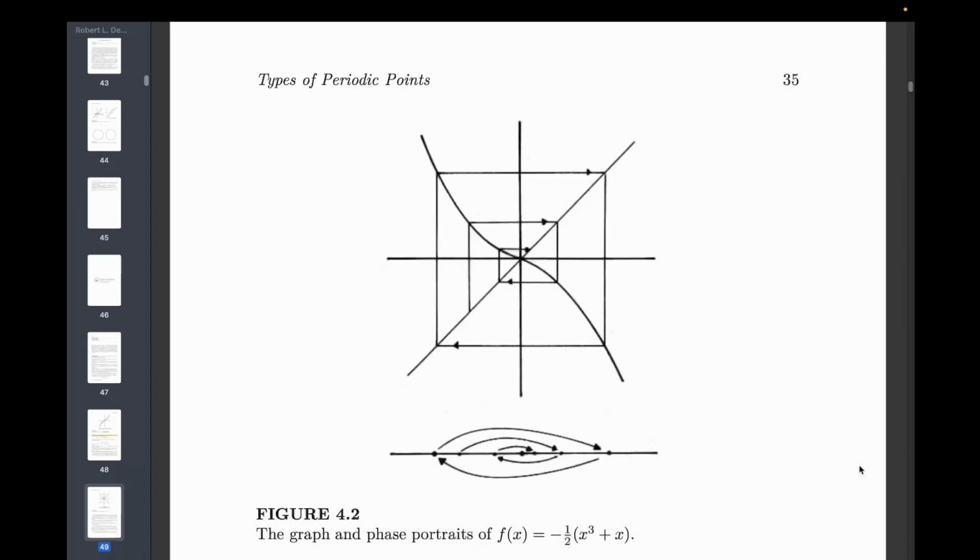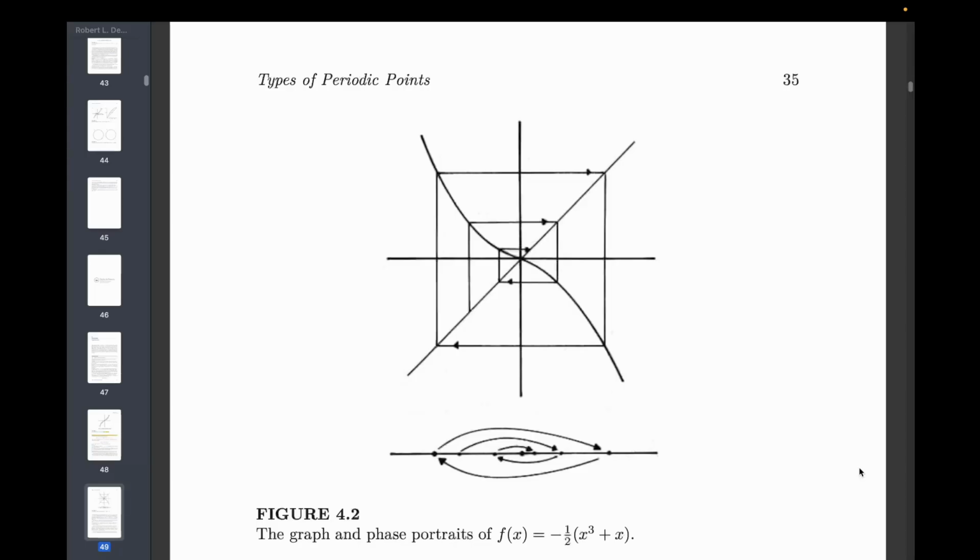So what is this phase portrait basically trying to say? It's saying that if you take a point at some x value and you want to keep reiterating what happens as you apply f to it, which is the mapping or the discrete map, this is trying to geometrically show where each x value goes as you keep applying the function to it.